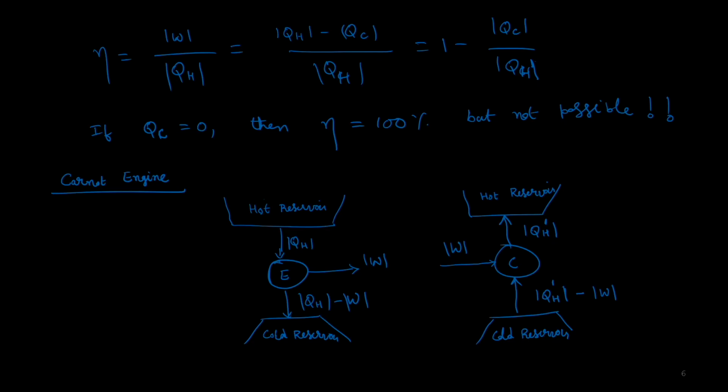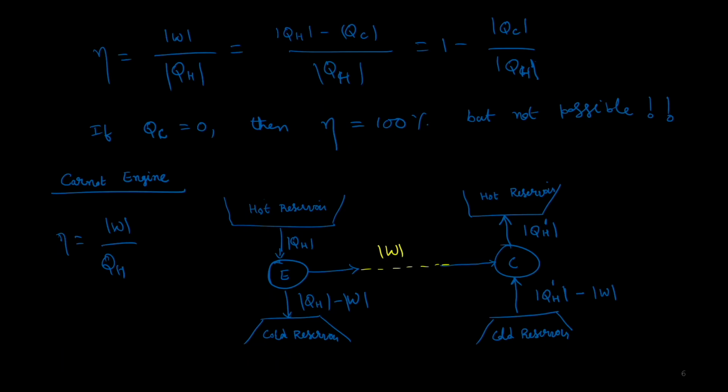Now let's say I have a Carnot engine and a Carnot refrigerator. In the engine mode, the efficiency is going to be W over QH. What we can do is combine these together such that the work coming out of the engine can be used to drive the refrigerator, because it's the same amount of work. Both these works are W, so I can combine them and make it look like this.